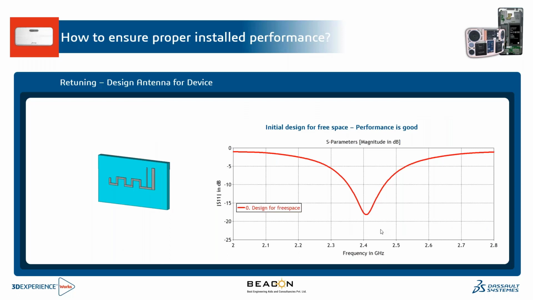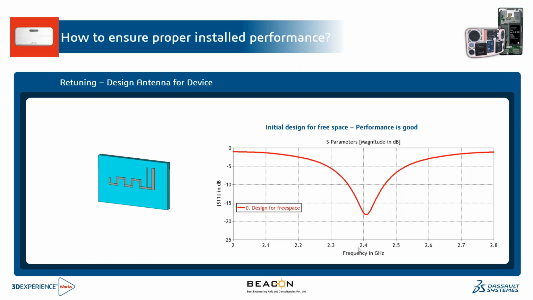So now, two things come up. Initially, we would have run the analysis for the individual antenna. Next, once it is installed into the assembly, we have to check whether the antenna performance is the same. So here, if we see the design for free space, that is without the antenna being positioned within the assembly, what was its performance?